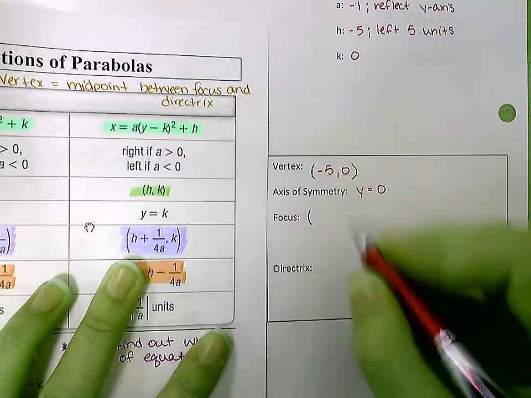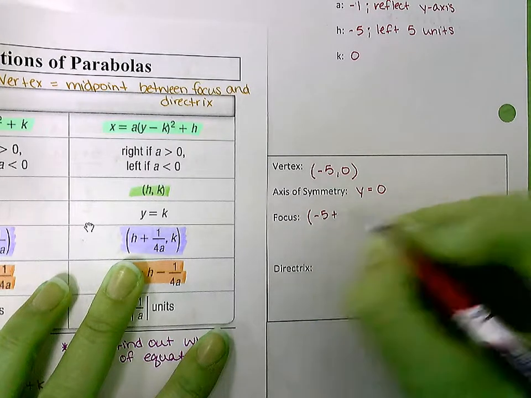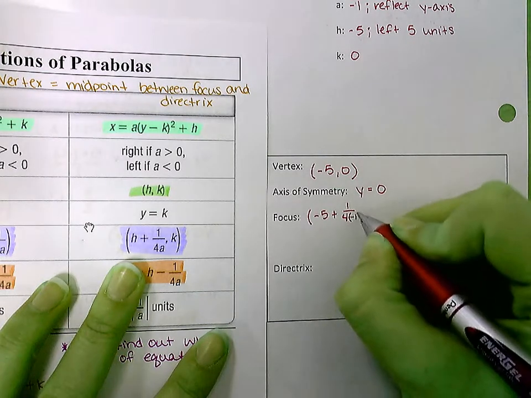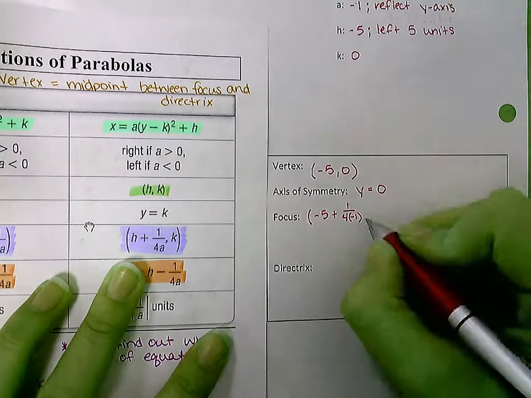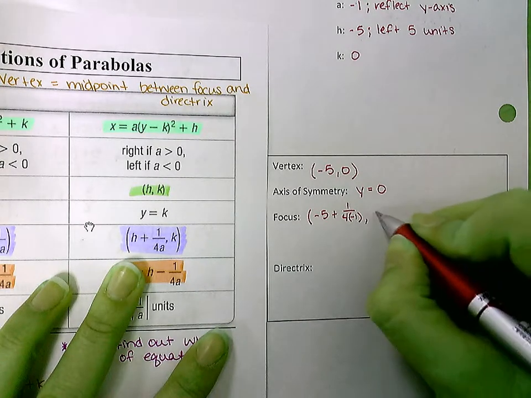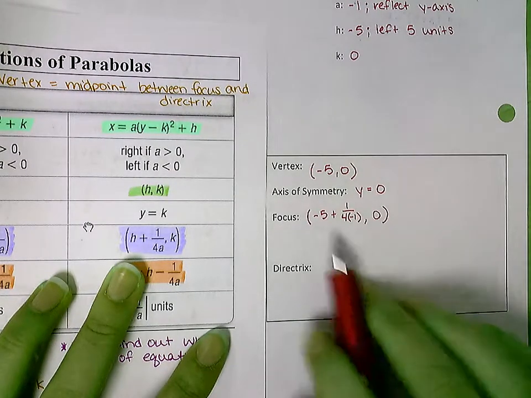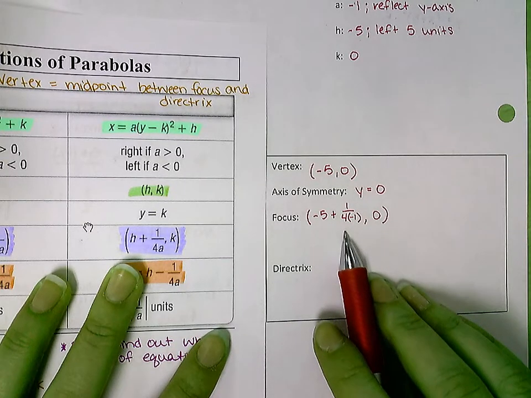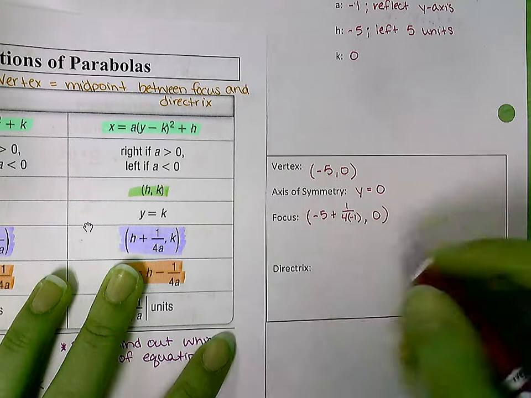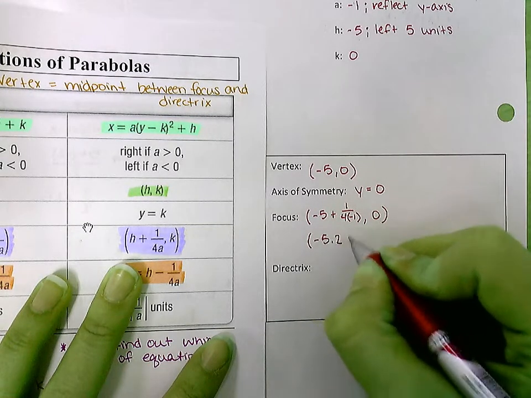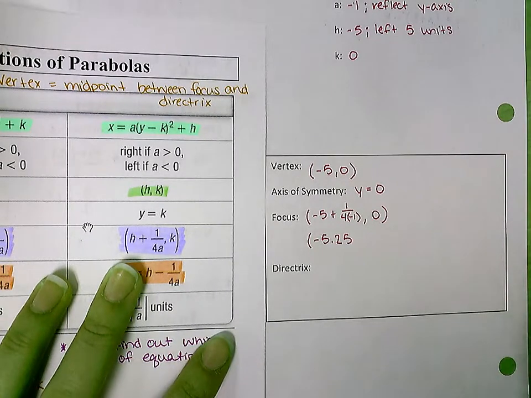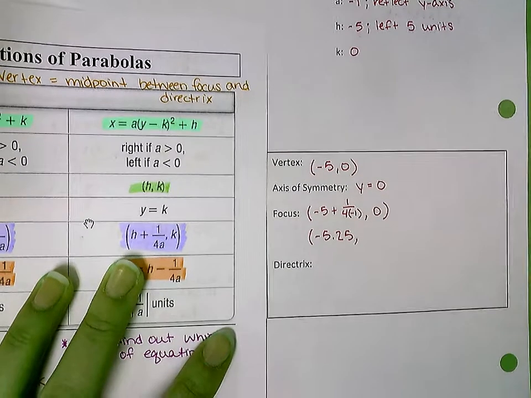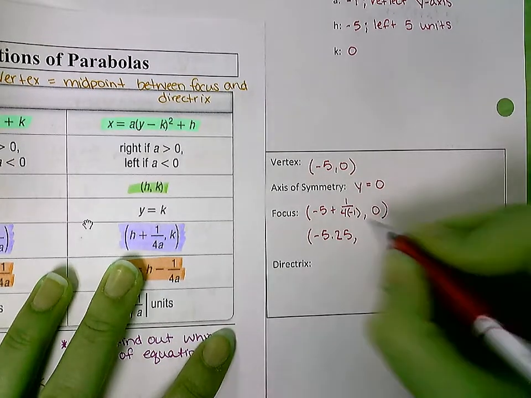So we'll take h, which is -5, add on 1 over 4 times our a value, which is -1, comma, our k value is 0. So I have -5 plus a -1/4. This is -5.25, 0.